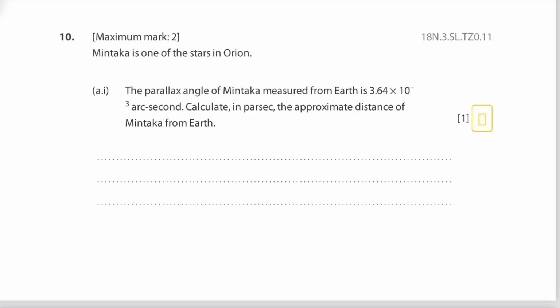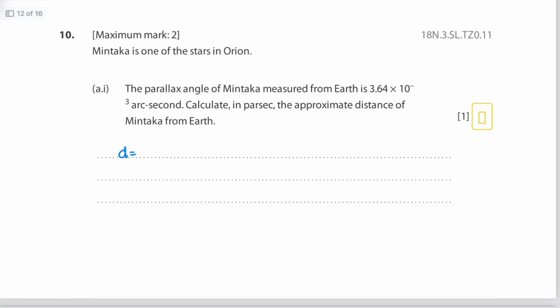Question 10. Mintaka is one of the stars in Orion. A1, the parallax angle of Mintaka measured from the Earth is 3.64 times 10 to the minus 3 arc seconds. Calculate in parsecs the approximate distance of Mintaka from the Earth. If we have the units in parsecs and arc seconds, then it's a really simple formula. It's just that.